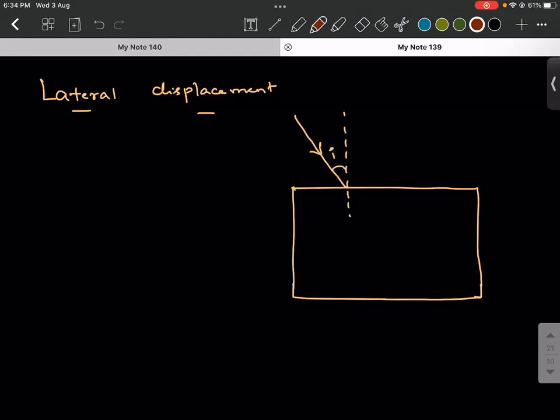So if I take this angle to be I, the ray goes like this, and the emergent ray is in this format. So if I extend it in this direction, this is R, this is also R, and this is the emergent ray.